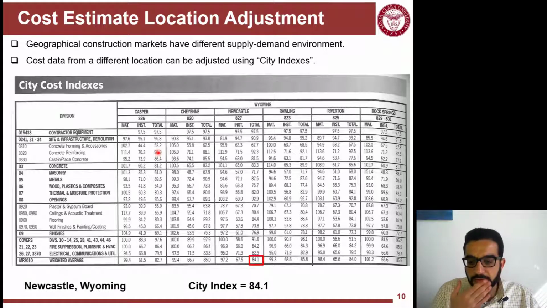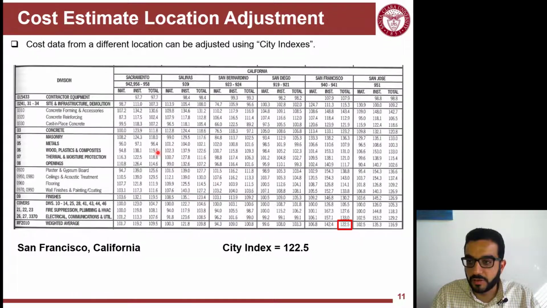If I take Newcastle, Wyoming, the city index there is 84.1. It's around 16 points below the national average. I didn't know about Newcastle, Wyoming, but it's a city somewhere in Wyoming. If we compare it to San Francisco, California, the city index is 122.5.